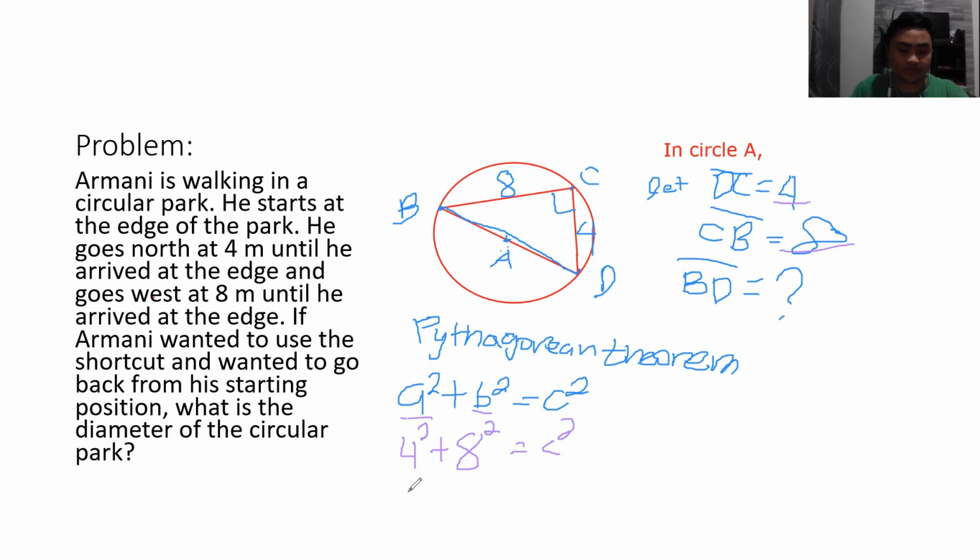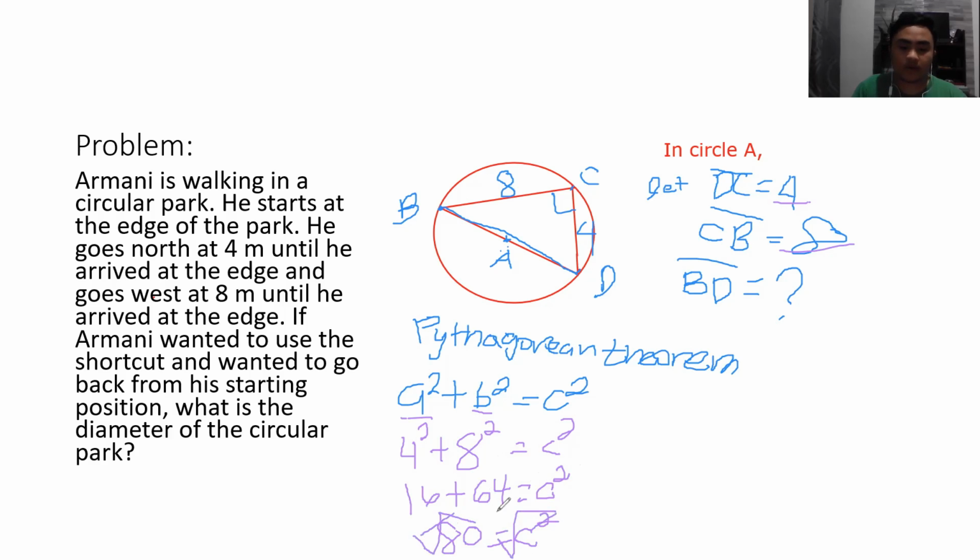Simplify them. 4 squared is 16, and 8 squared is 64, equal to c squared. Simplify them. We have 16 plus 64 is 80 equals c squared. To get rid of the square, we need to take the square root.